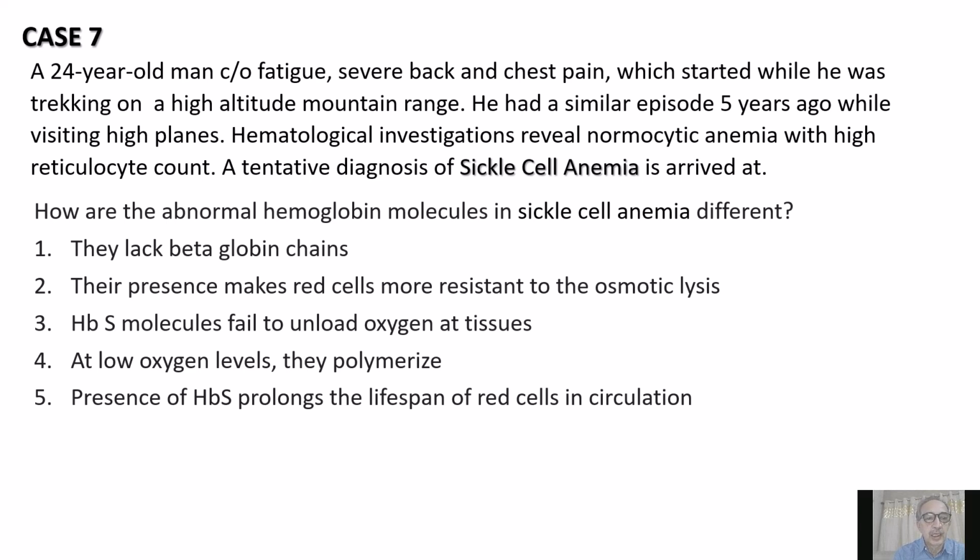So 2 and 4 are correct. Their presence makes red cells more resistant, their osmotic fragility is reduced, they are more rigid. And at low oxygen levels, they polymerize. 1, 3, and 5 are incorrect. So 2 and 4 are the correct answers.